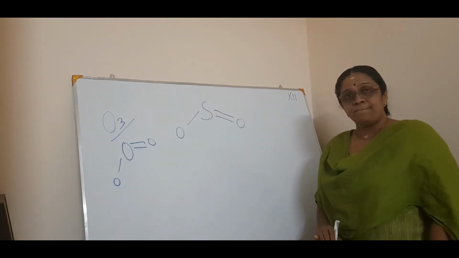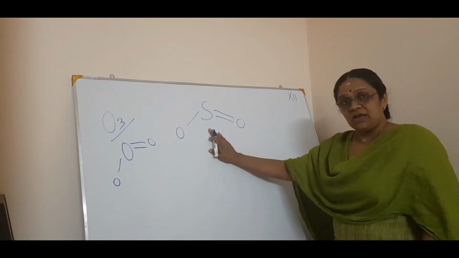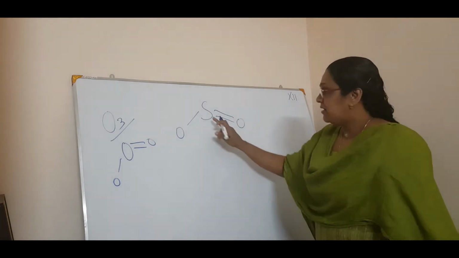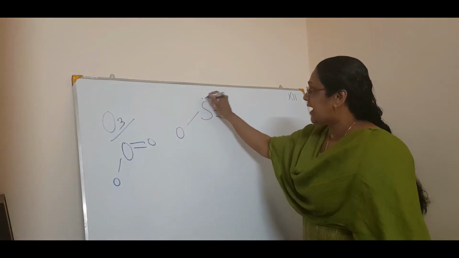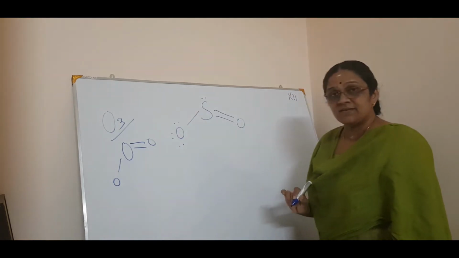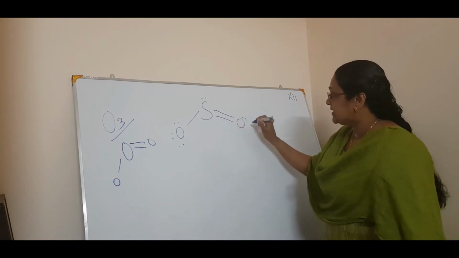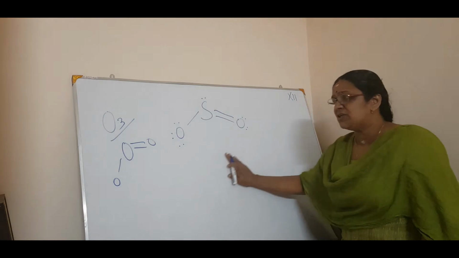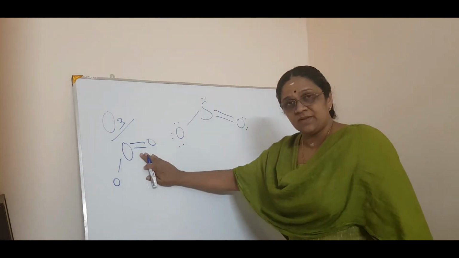See? This is the structure. Now, how you put the lone pair of electrons, the Lewis structure. Here 2, 4, 6, 8. Isn't it? Here it is 2, 4, 6, 8. Now here 2, 4, 6, 8. Isn't it? Okay.